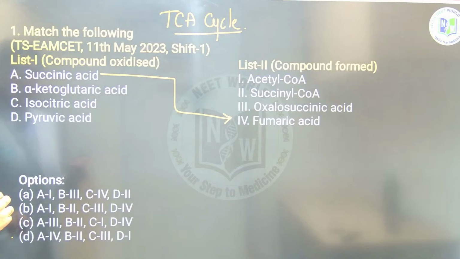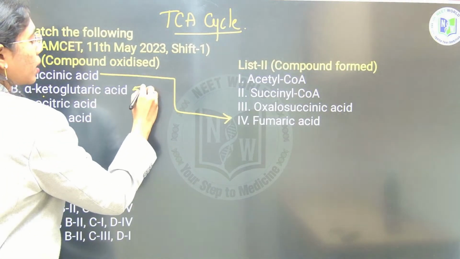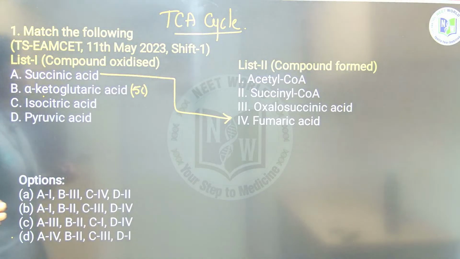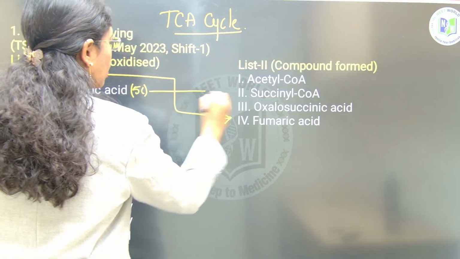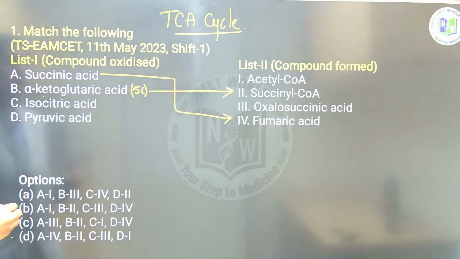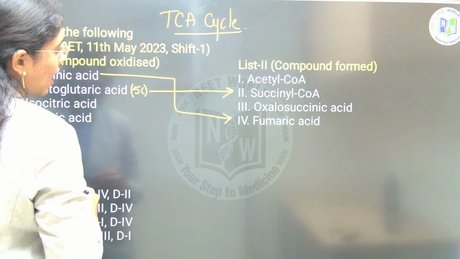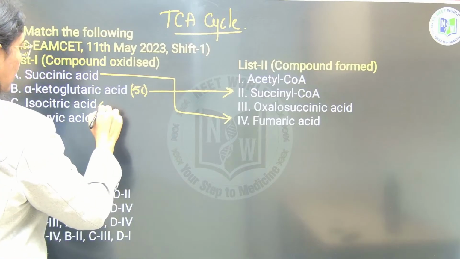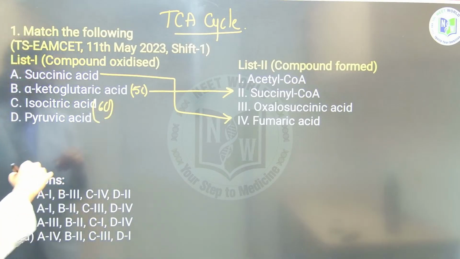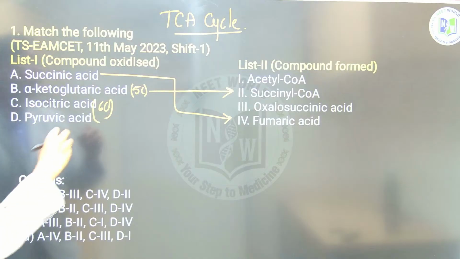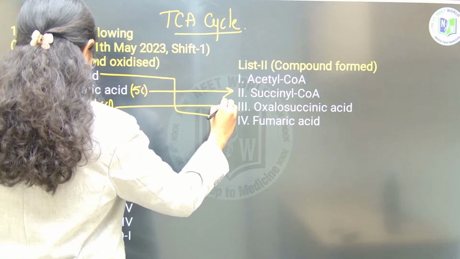Alpha ketoglutaric acid, which is a 5-carbon compound, after oxidation gives rise to succinyl coenzyme A. Next, isocitric acid, which is a 6-carbon compound, gives rise to oxalosuccinic acid.